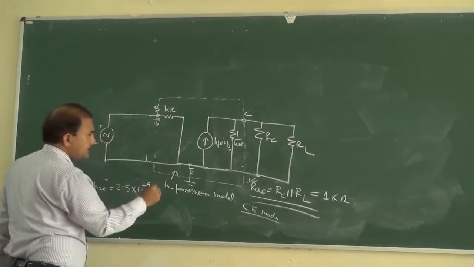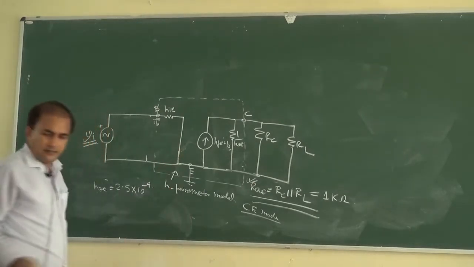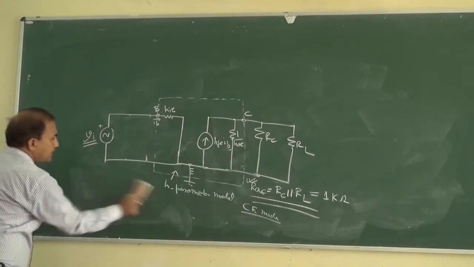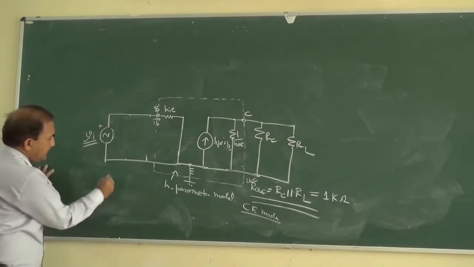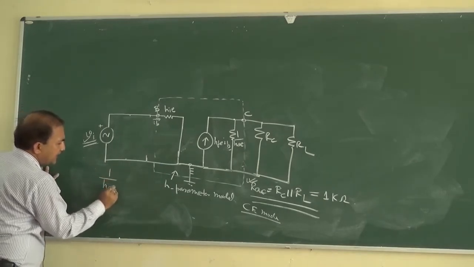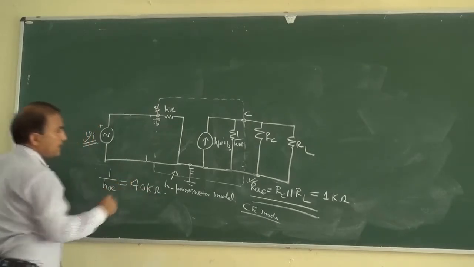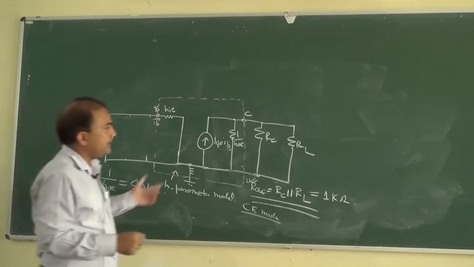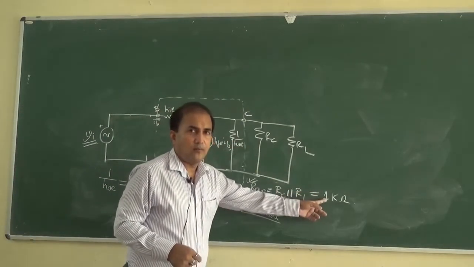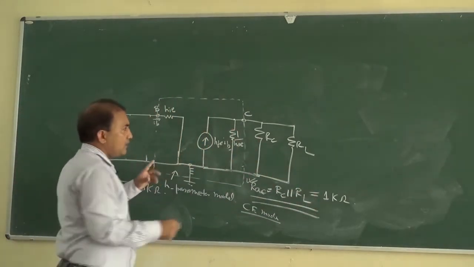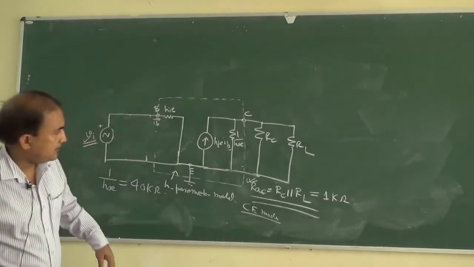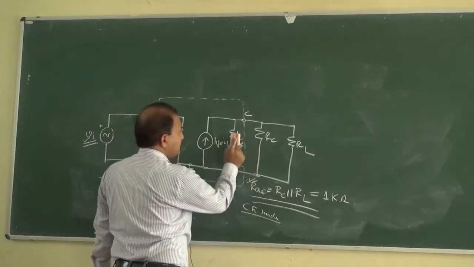Now just now we have seen that the typical value of 1 by HOE is in the range of 40 kilo ohm. Now this 40 kilo ohm in parallel with 1 kilo ohm will be approximately RAC only.